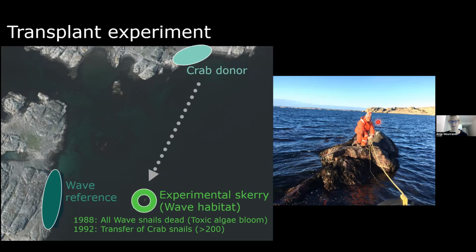What if we take some crab snails, place them in the wave habitat, and see if they evolve into wave snails again? So that's what she did. She took snails from this crab population in 1992 and placed them into this wave habitat. And since then, she has been looking, for most of the time, at what is happening on that skerry out in the sea.